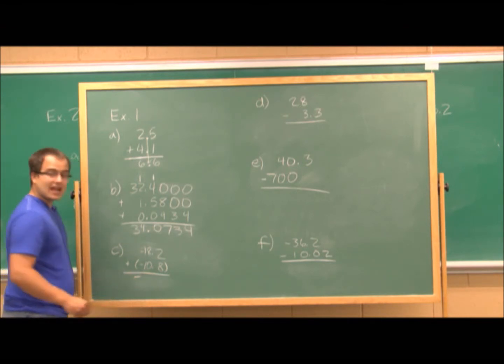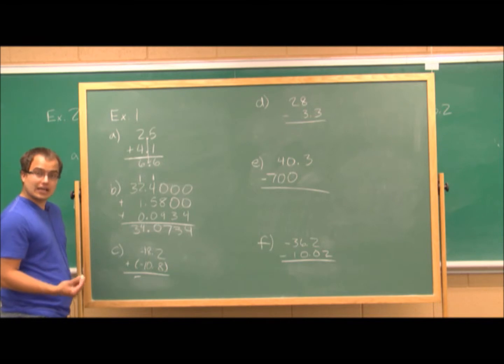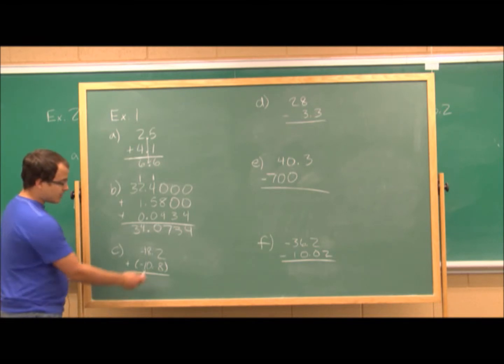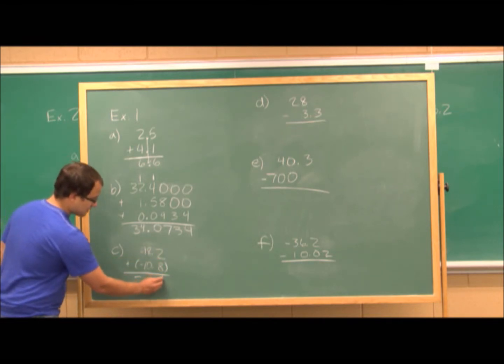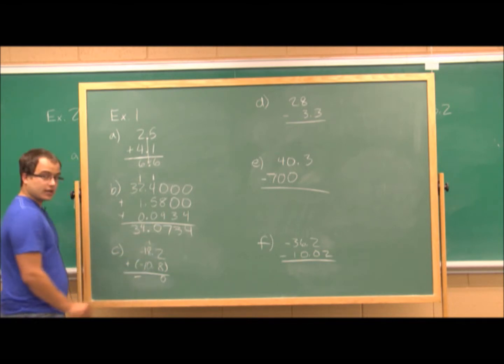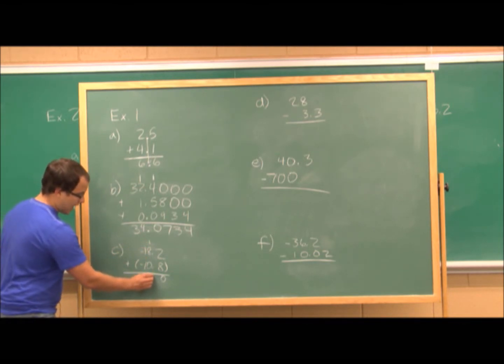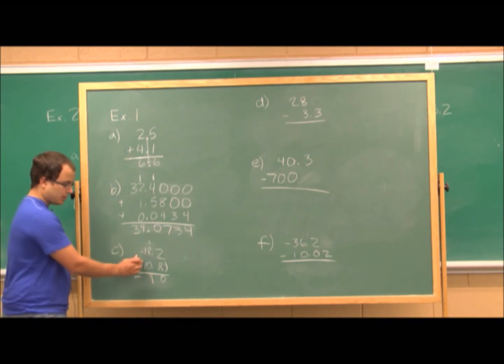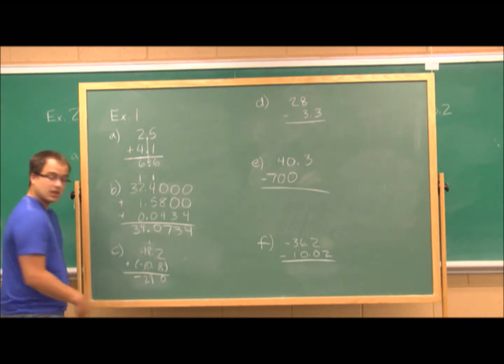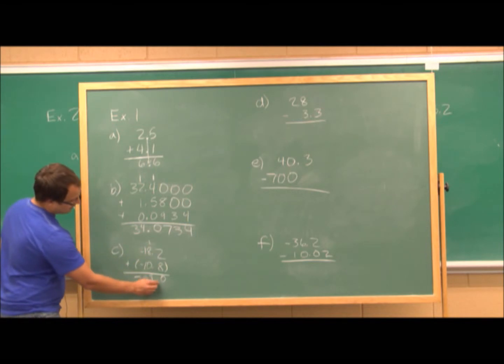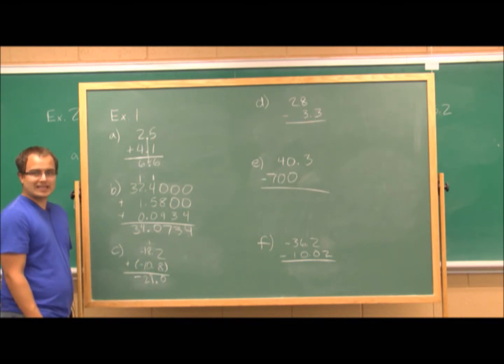So I'm just going to write the negative sign in right now so I don't forget it later on. Then you just add them. 2 plus 8 is 10. Carry the 1. 1 plus 8 is 9. Plus 0 is 9. 1 plus 1 is 2. And then you just drop the decimal place down, so we get a final answer of negative 29.